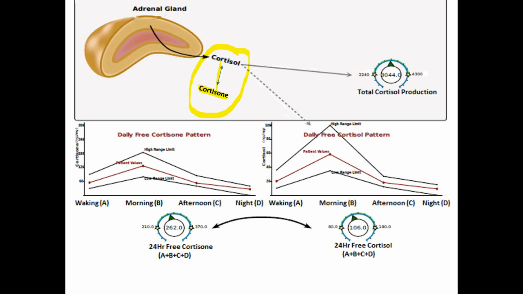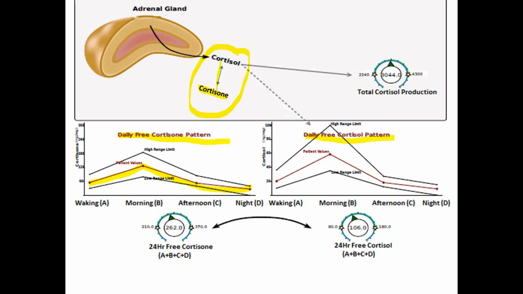Because it spends so much time in its inactive form, we want to confirm that up and down pattern throughout the day by also looking at the free cortisone, the inactive form, throughout the day. So you want to evaluate that pattern as well to see if it confirms the pattern that you've got with the cortisol, or if maybe it reshapes that just a little bit.